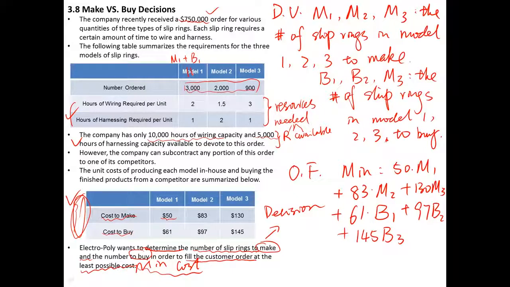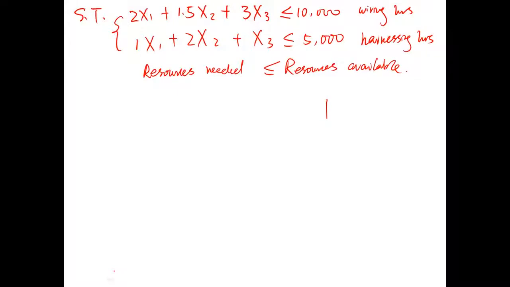Okay, so that gives us our third constraint, which is M1 plus B1 should be equal to 3,000. With the same logic, we can write constraints for the fulfillment of Model 2 and Model 3. So the number you make and the number you buy for Model 2 should be 2,000.